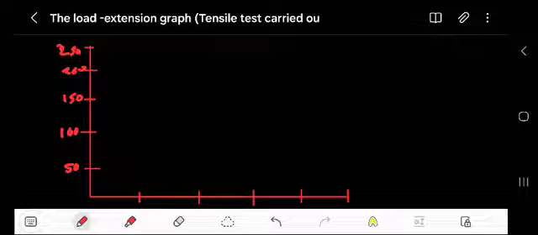Remember, here we'll have the load on our y-axis.